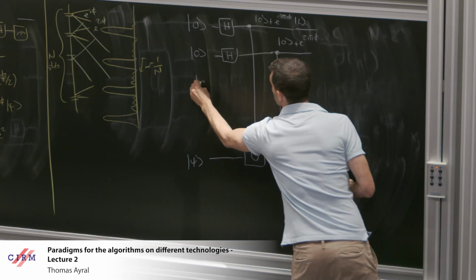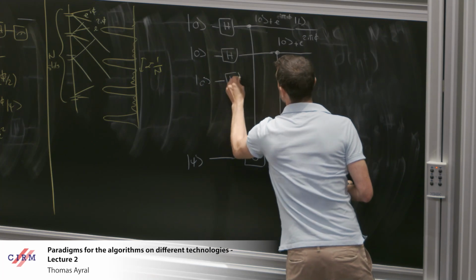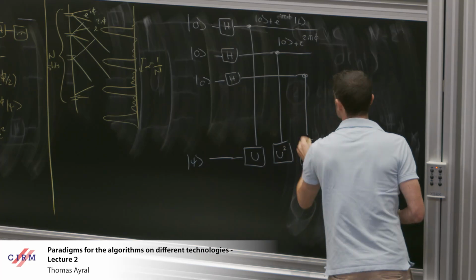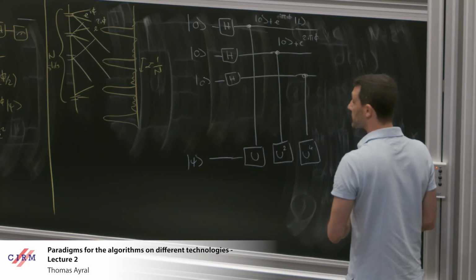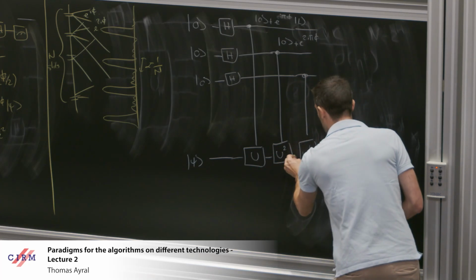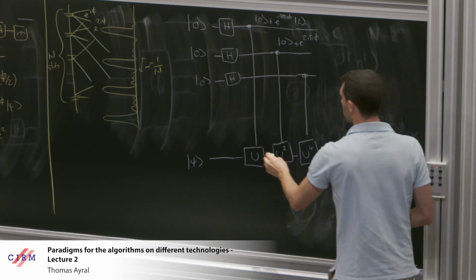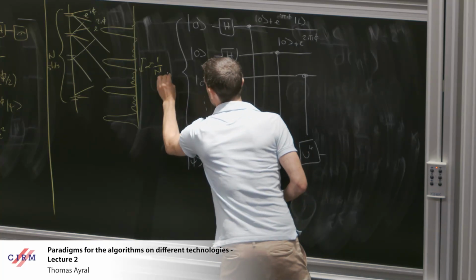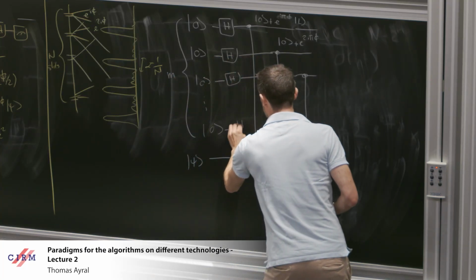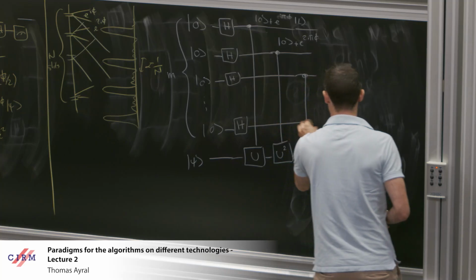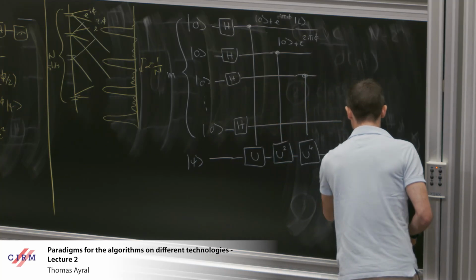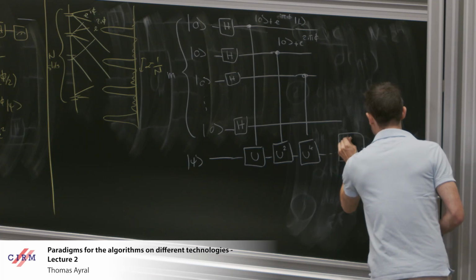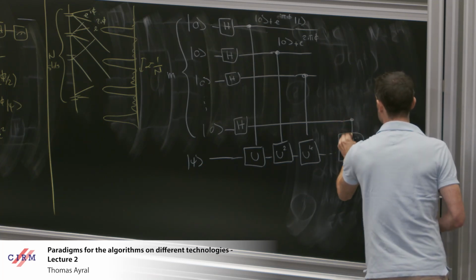So third one is here, U to the 4, and so on and so forth. So that's what I'm doing until the last. So here I have, let's say, m of these qubits. U to the 2^(m-1) here, like that.